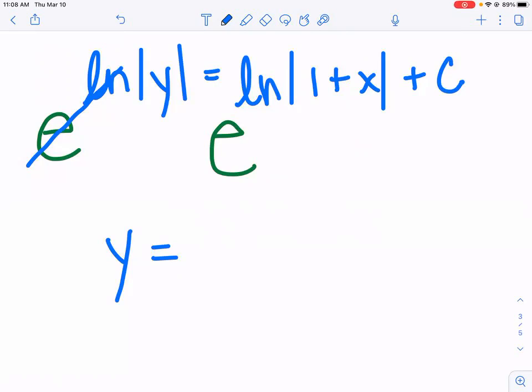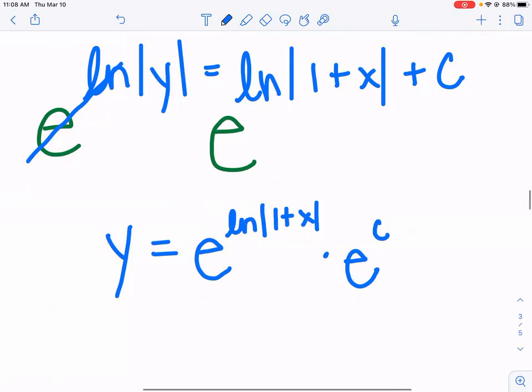But what we can do is rewrite it as e to the natural log of 1 plus x times e to the c. I basically took that exponential property and used it backwards. Since I have two exponents that are being added together with my base of e, I wrote it as e to the power times e to the power.